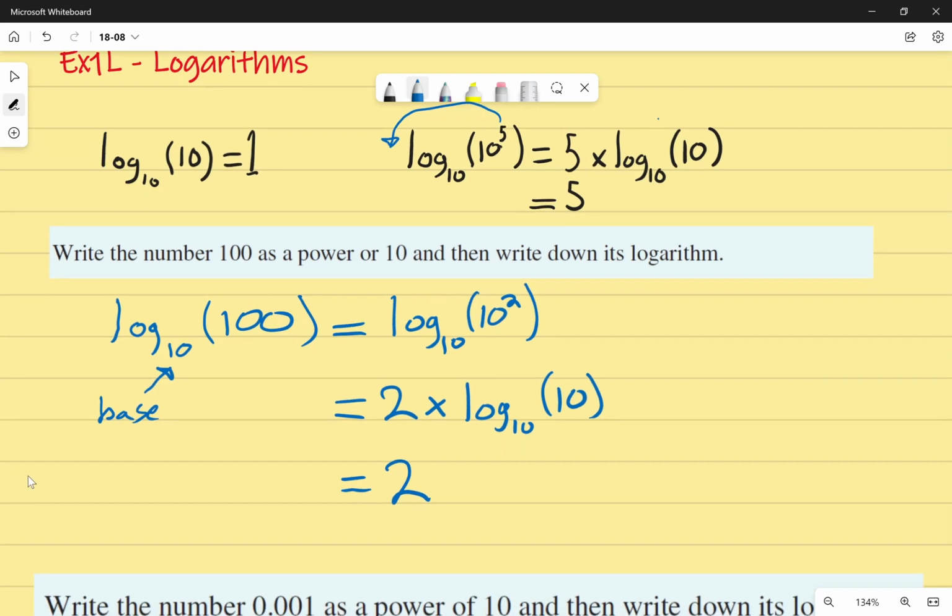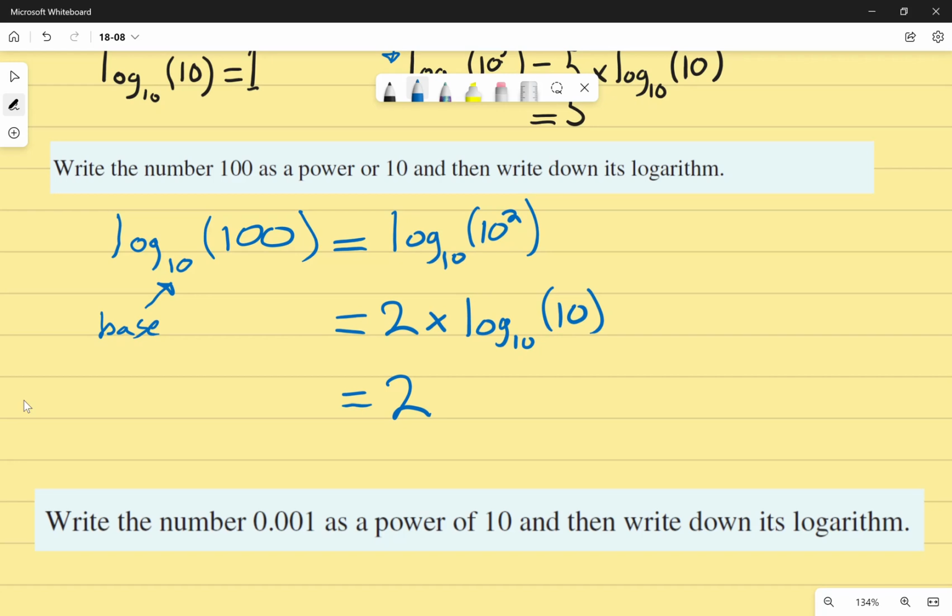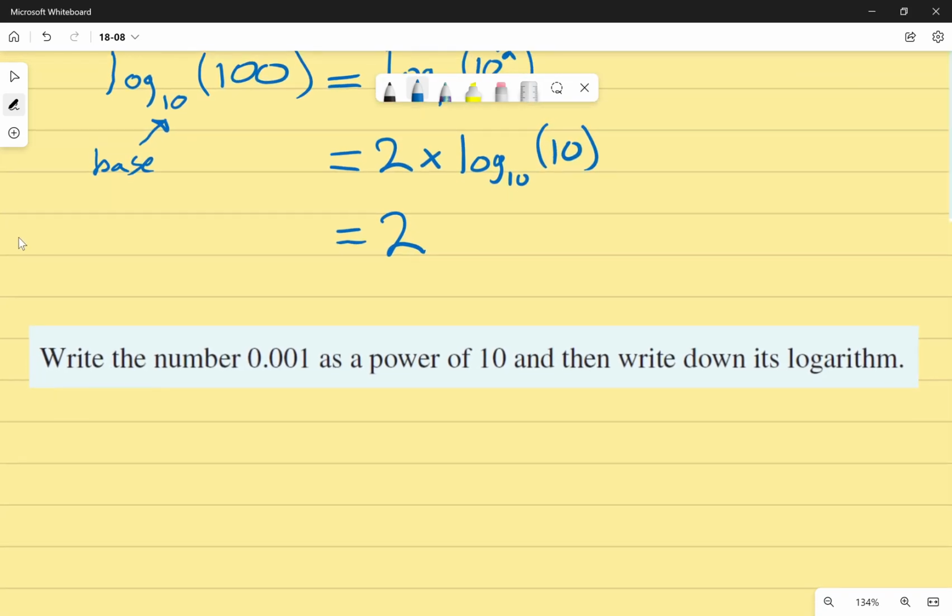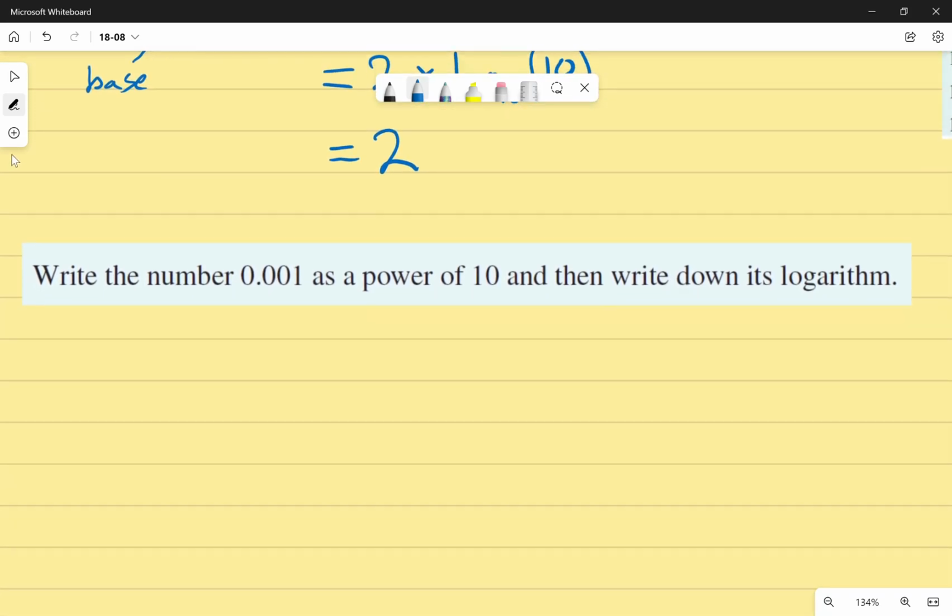That's generally quite a nice way of doing it, but just as another example, we can also do that for numbers like decimals. If we have 0.001 and we need to write that as a power of 10, we get that it is equal to 10 to the negative 3. That's saying it's going down in decimal places.